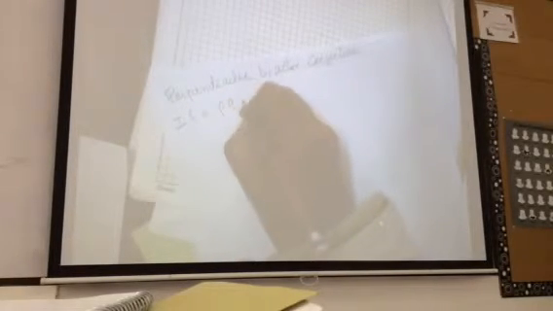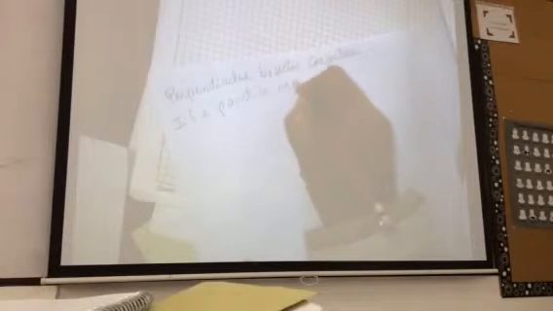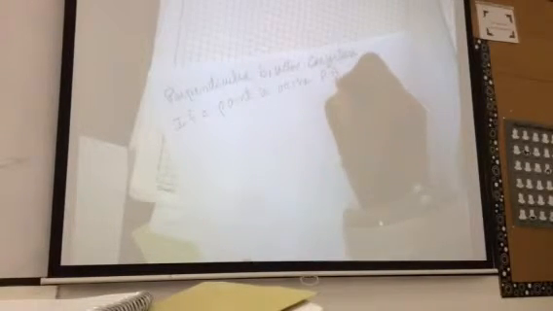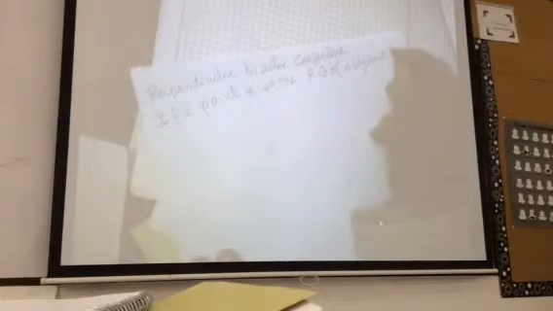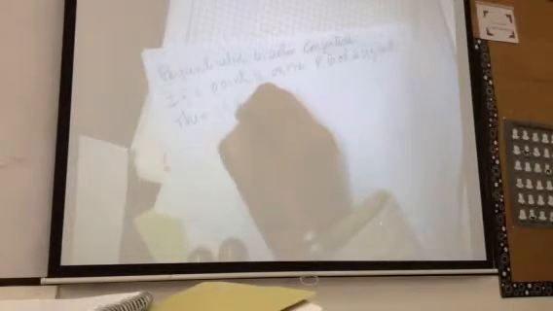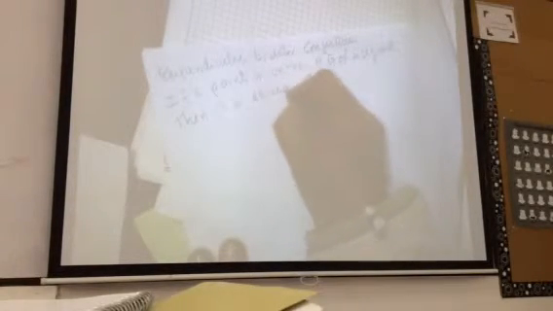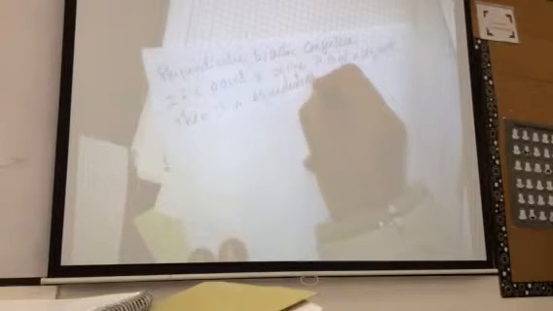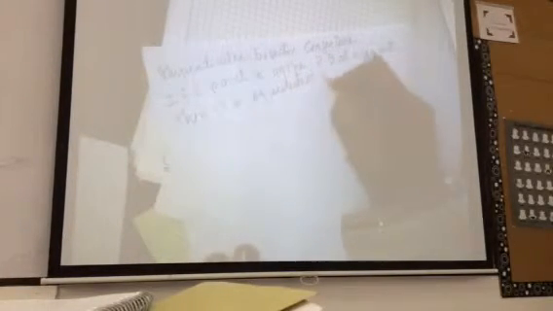If a point is on the perpendicular bisector of a segment, then it is equidistant from the endpoints.